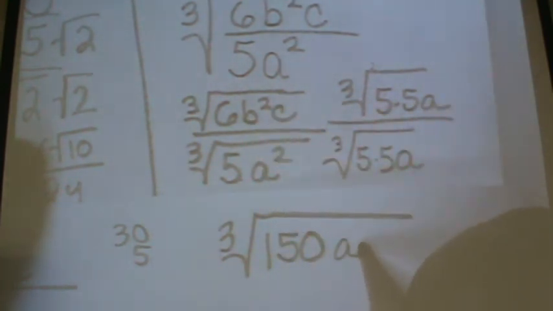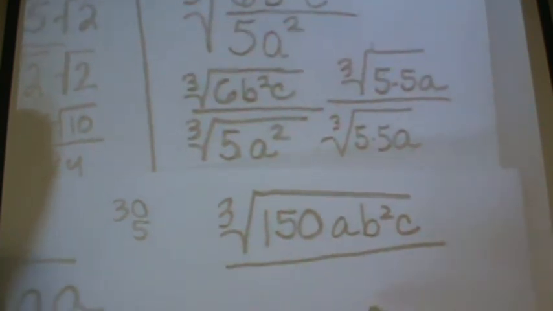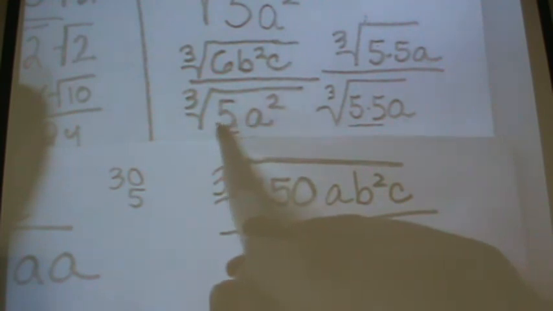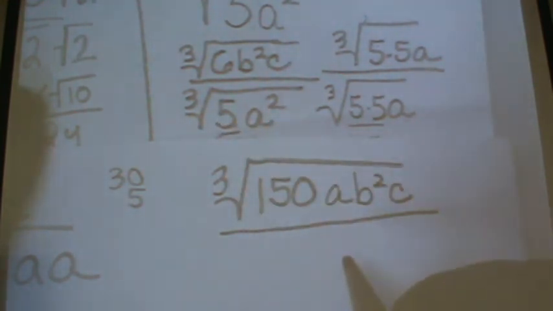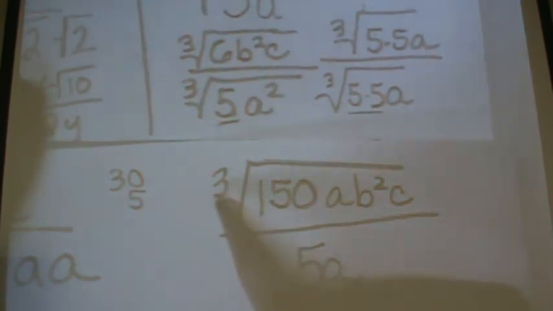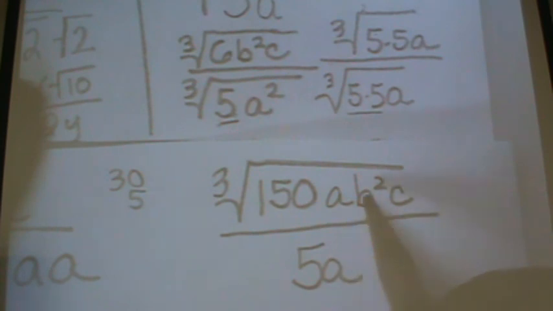A, B squared, C. What's in the bottom? A 5 and an A. So that's your final answer. It's the cube root of 150 A B squared C all over 5A. There's nothing you can cancel. And that's the homework.